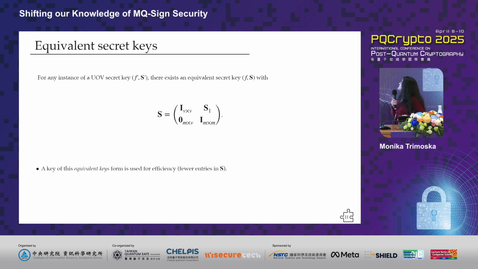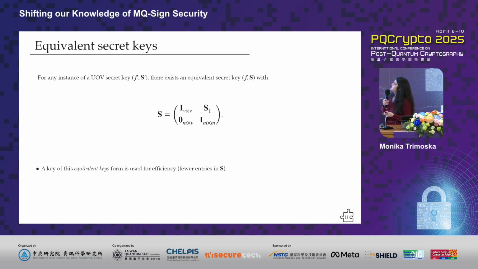So another thing that I need to tell you about MQSign is this equivalent keys optimization that I've been talking about. Actually, it is very well known for UOV that if you start from one central map, the way that it is constructed, you have a central map that is very structured, it is easy to invert, right? And then you have an isomorphism to another map that is supposed to be random looking.